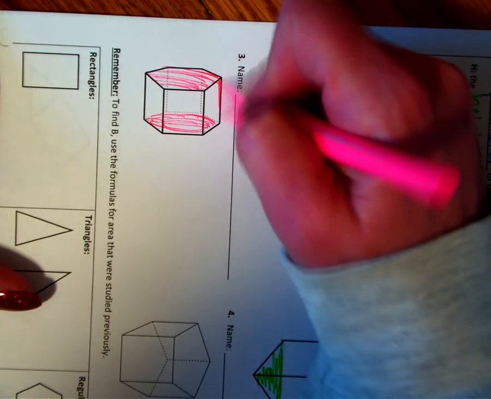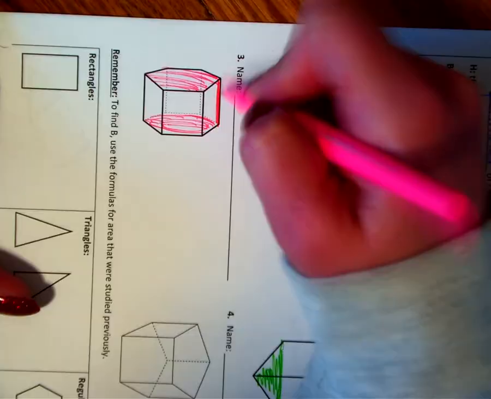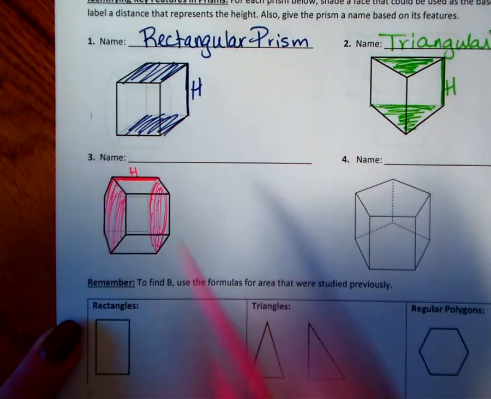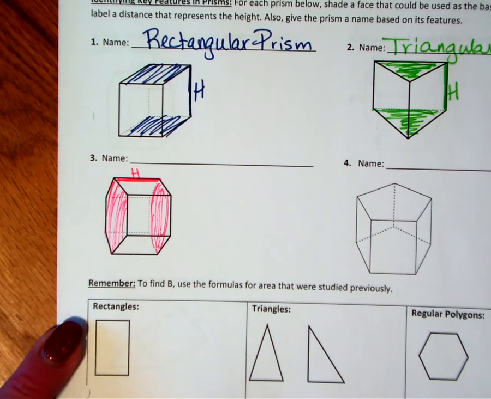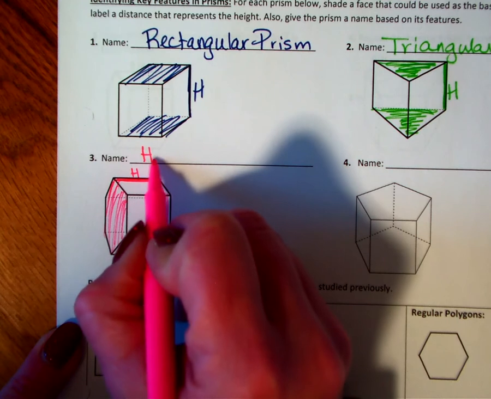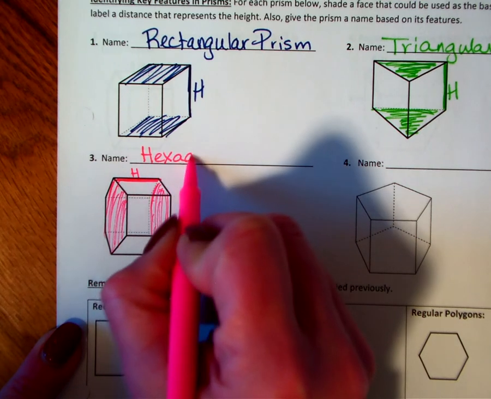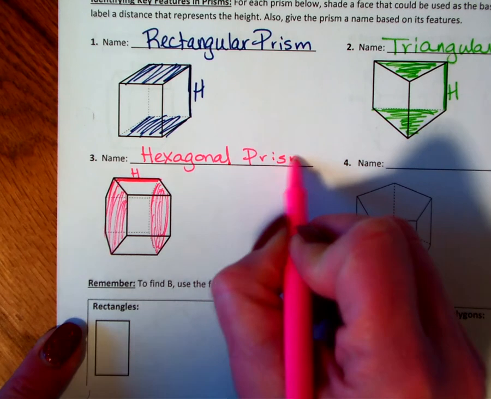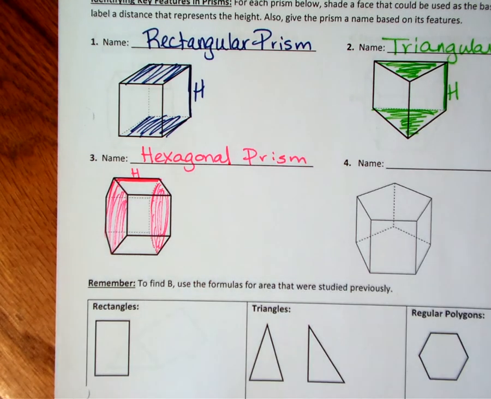Might help early on. This would then be my height. I'm going to go back to the way it's set up, so this would be considered my height. And based on what the top and bottom are, the bases, this is a hexagonal prism, right? It has 6 sides on there.